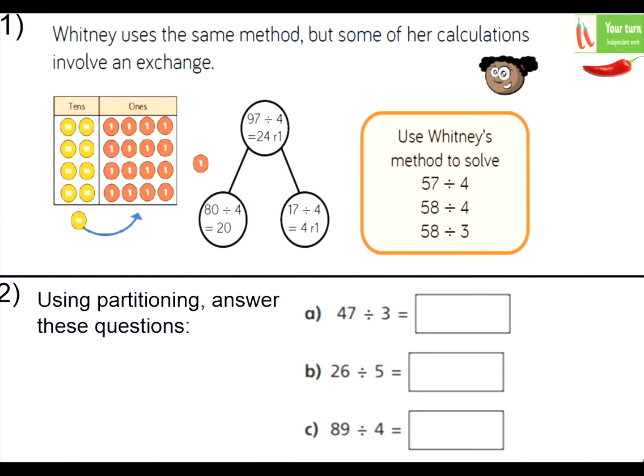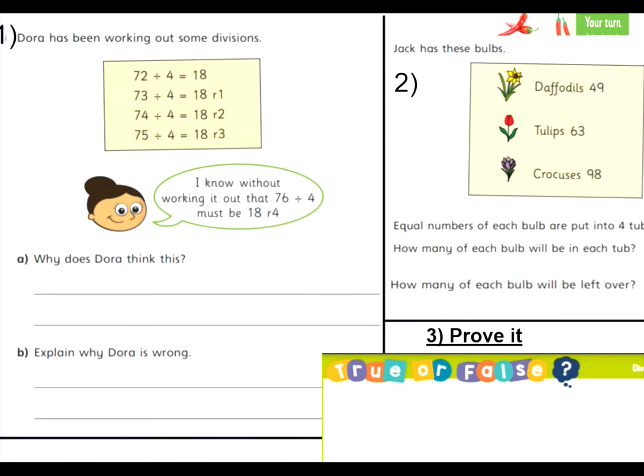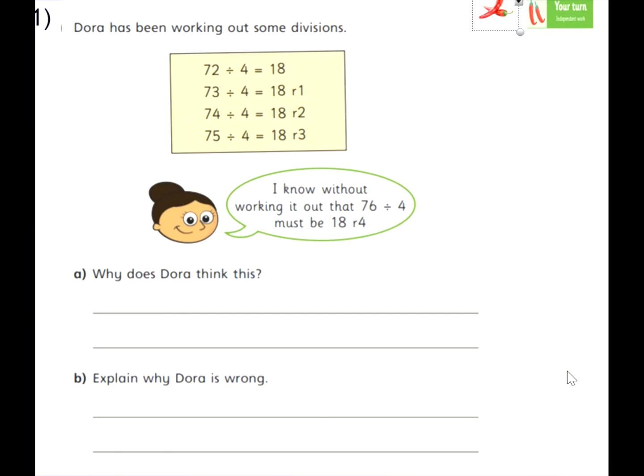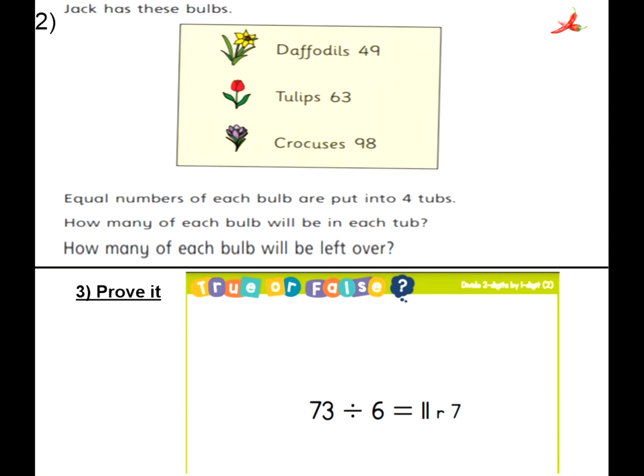Chili 1, here is your task. I'd like you to work through question number 1 and question number 2. Pause the video now and have a go. Complete question number 1, and then you can unpause it to see your next question. These 2 are your next question. So you have number 2, which says Jack has these bulbs.